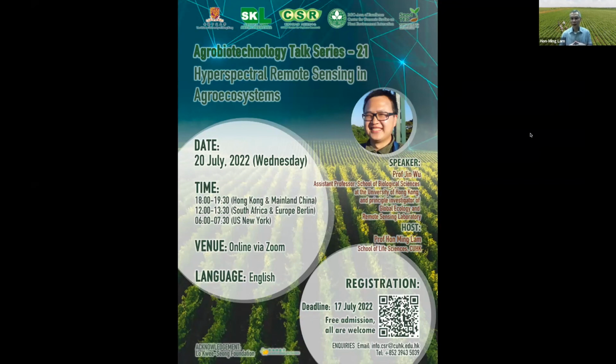You can know your yield or even some of the quality of your product by interpreting the images taken by the camera. But how can it be achieved, and what kind of applications related to this hyperspectral remote sensing technology are there in agroecosystems, as Ndiko emphasized?